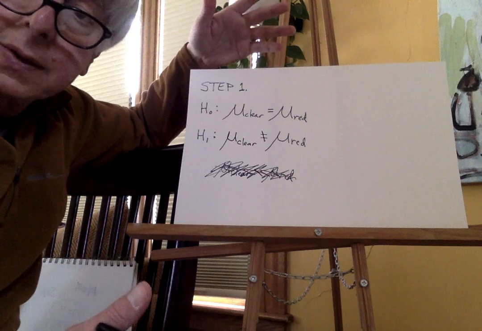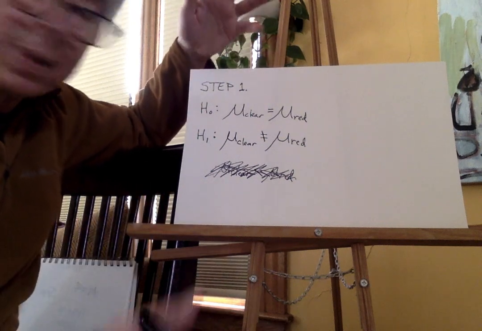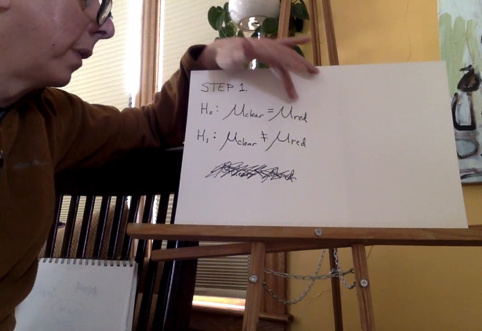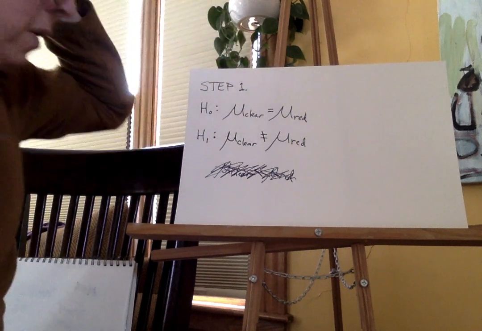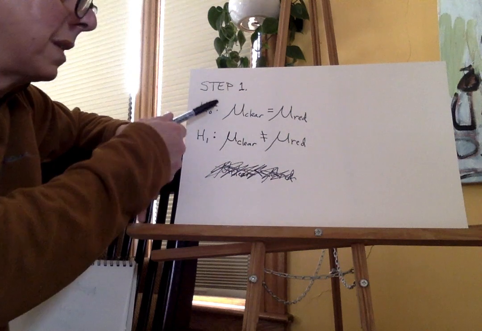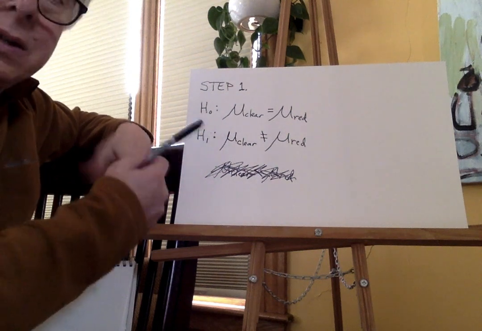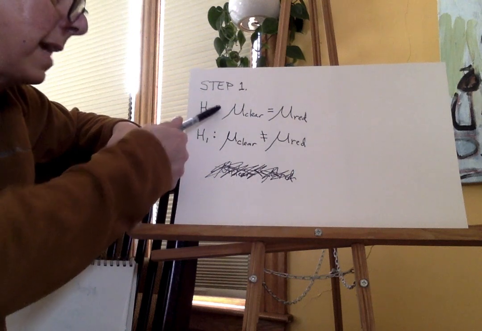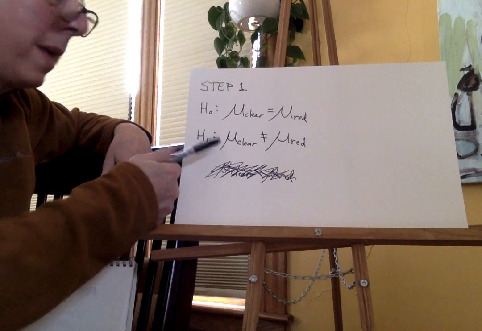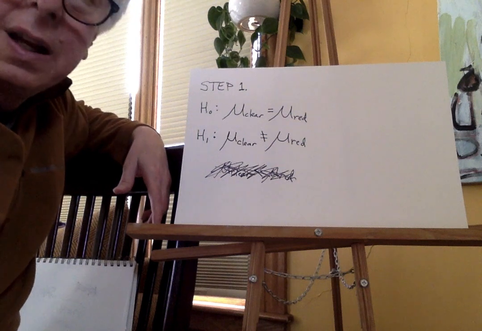The null hypothesis, that nothing is going to happen, okay? The red food coloring is going to be the same as the clear. Notice that these 2 hypotheses are complementary. That's complementary with an E. This negates this, okay?